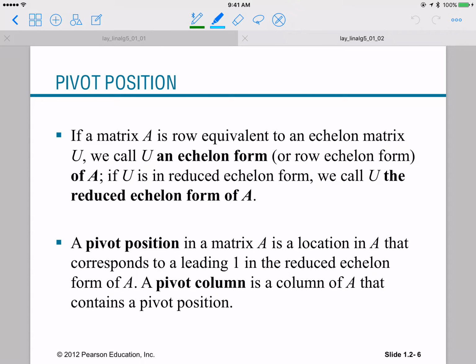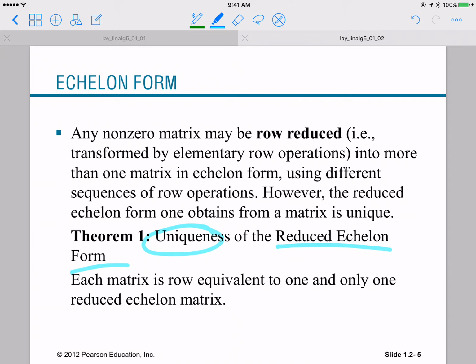Okay, and then let's learn a new term based on what we just learned. This pivot position has quite an important meaning. Pivot is the leading entry, but this leading entry should be from your echelon form.